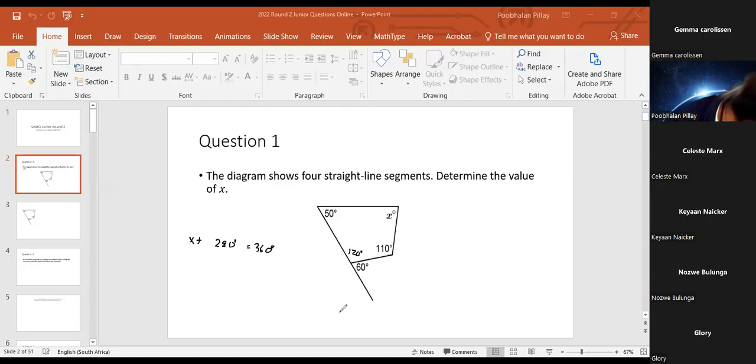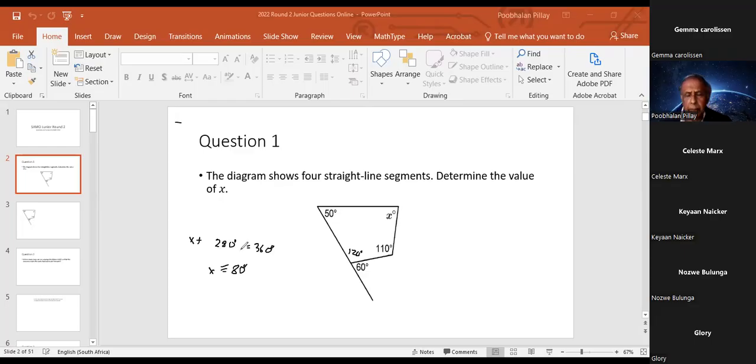Just one moment, please. So that gives you x equal to 80 degrees.